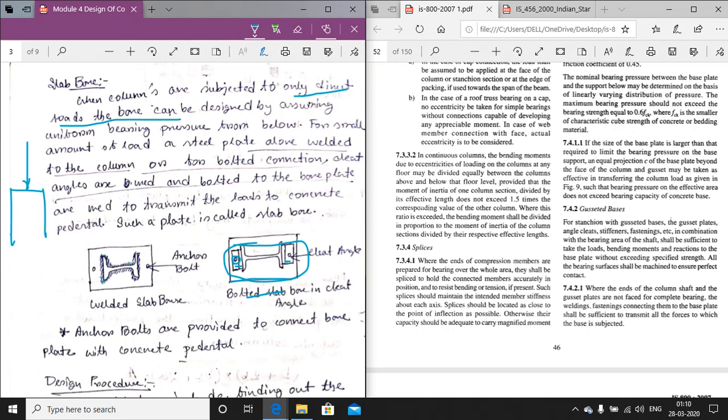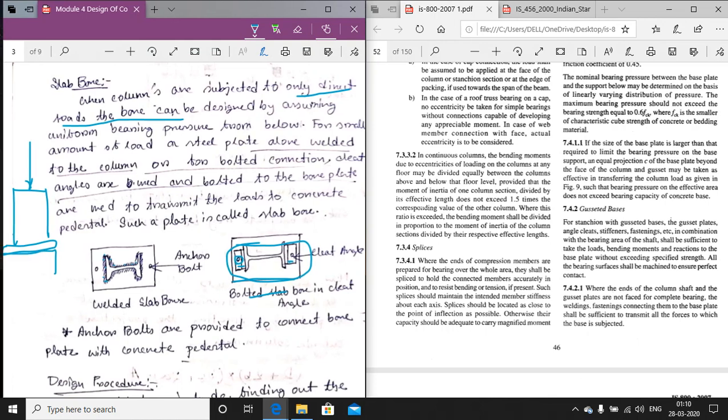What is the importance of anchor bolt? Anchor bolts are bolts that are provided for the proper connection between the concrete and the column, the concrete and the base plate. Consider under the column this base plate is provided, and under the base plate the concrete block is here.